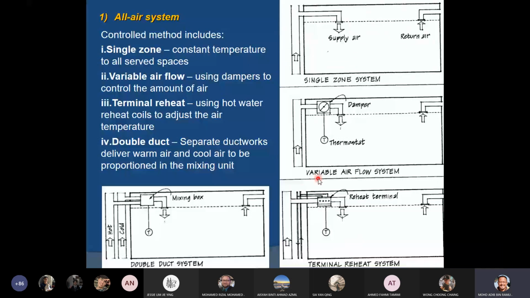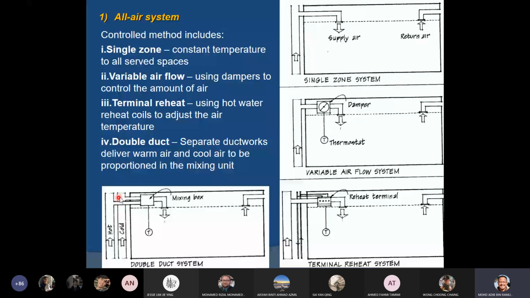And then the last one is the double duct system. This is very different from the other three systems, where you have two ductworks, hot and cold air. Basically, these are ductworks: hot air ducts and cool air ducting.